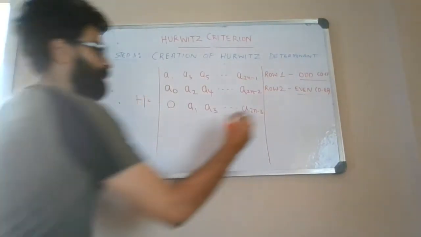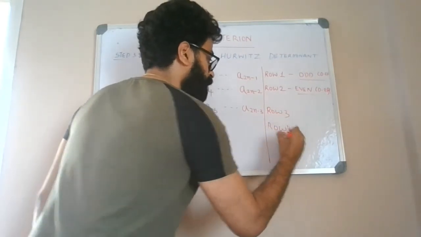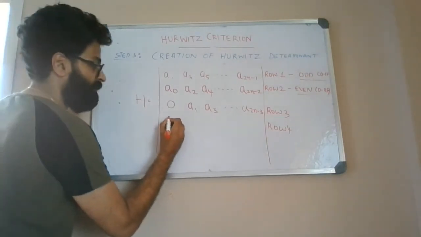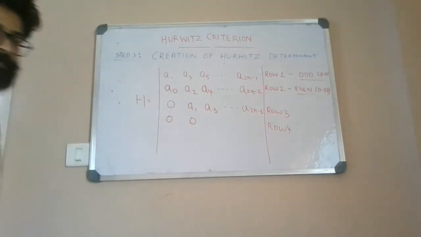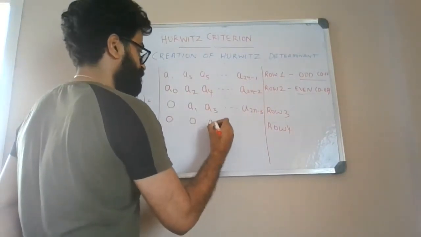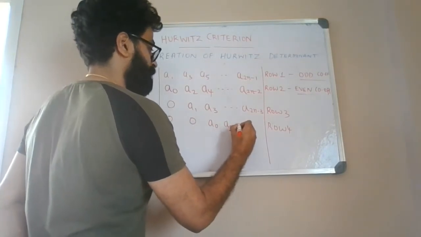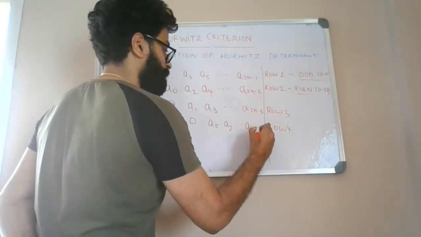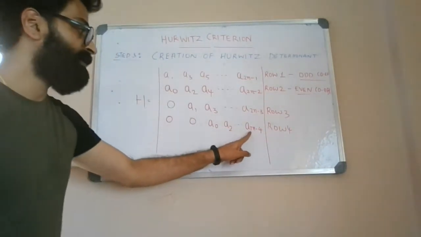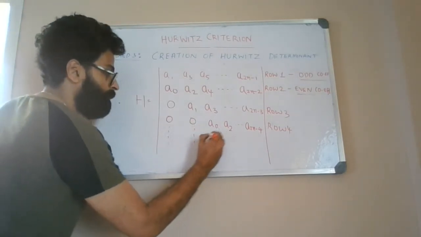Row 4 is constructed by putting the first two elements as 0 and then repeating the row 2 coefficients, that is a0, a2, and so forth, until you reach the last element, which is a2n minus 4. So this process is continued.